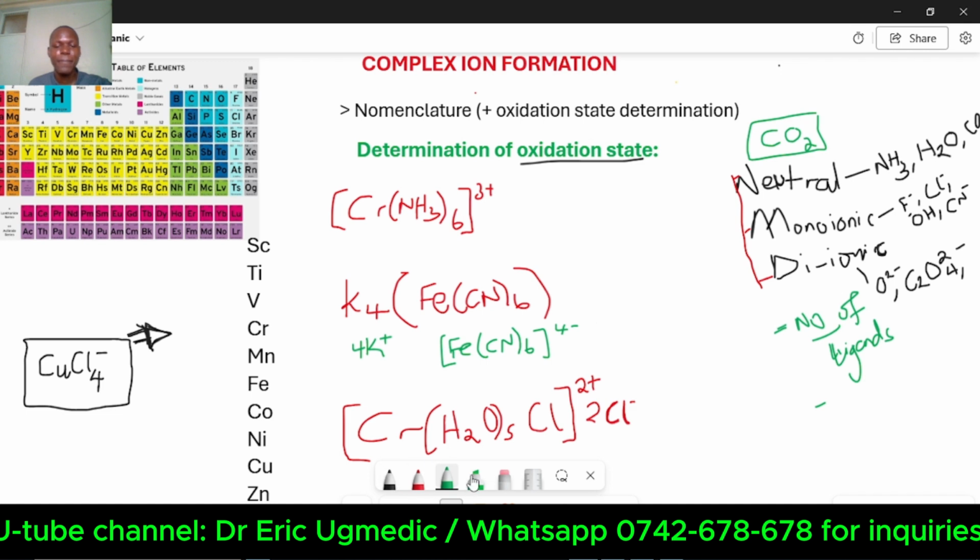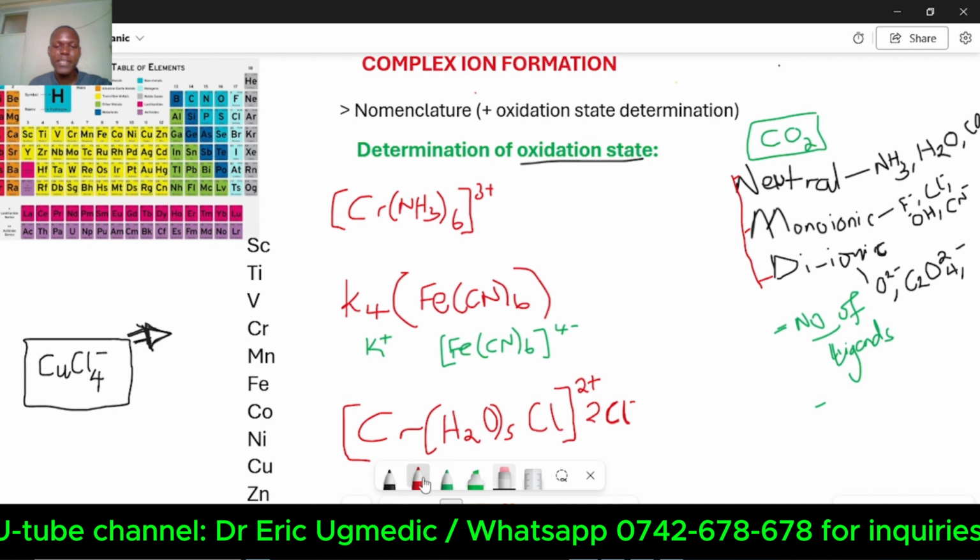Or in simpler terms, how did I form this complex? I needed 4 potassium ions, which means that this one had a charge of negative 4. You get the point? That's why I needed 4 positive ions. That's how I will know the charge on the complex.